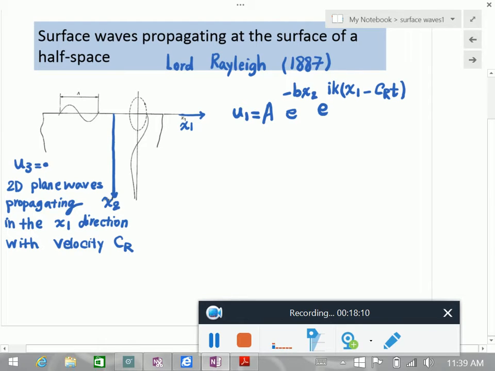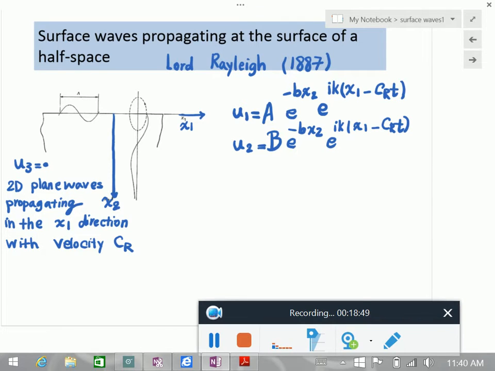Agree, Ingjun? So how about U2? The same thing. Since it's the same wave, we assume that it attenuates the same way and propagates in the same direction, but it has a different amplitude. Now, for this to really attenuate with depth, what condition should I put on B?